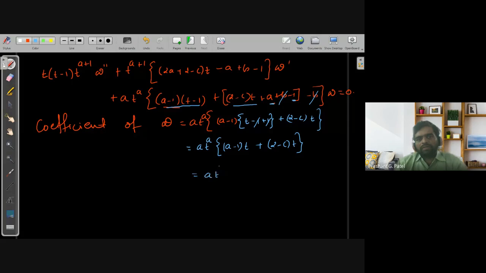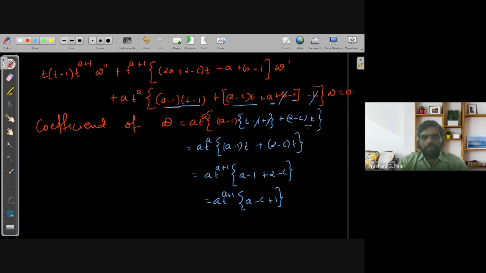So it is a t power a plus 1. Inside the bracket it is a minus 1 plus 2 minus c. So we'll have a t power a plus 1 into a minus c plus 1. So this whole quantity is now converted into this one.